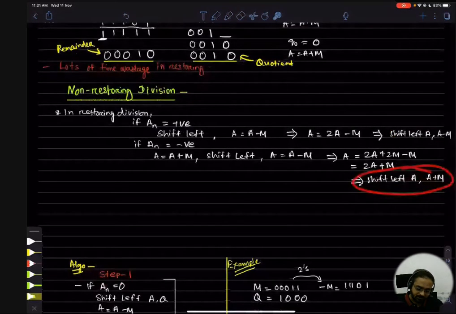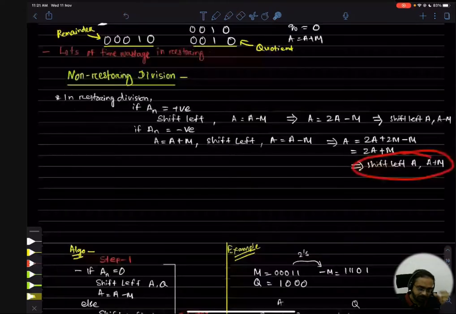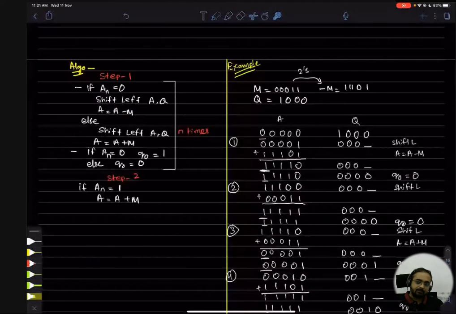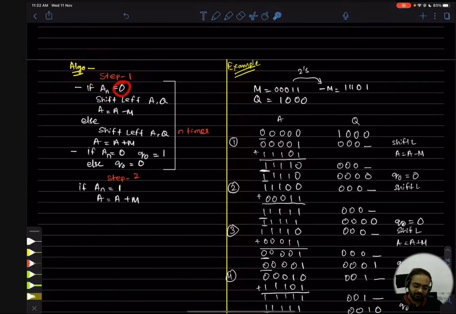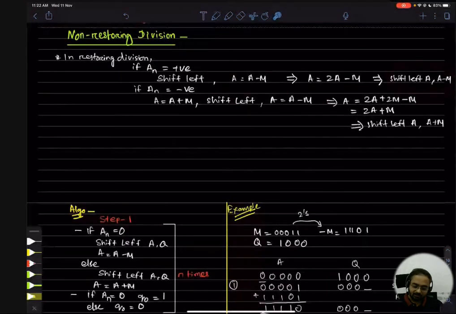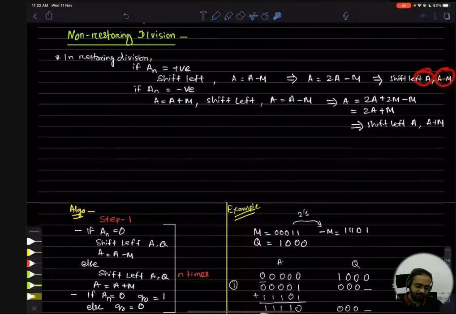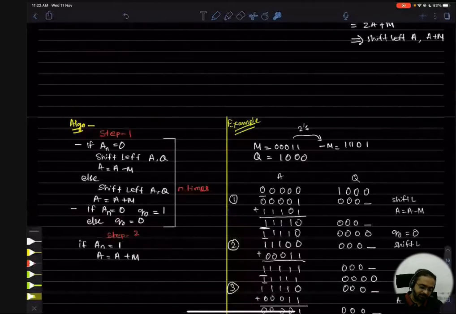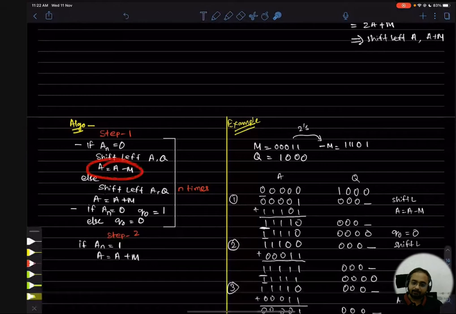Okay, so let's see the algorithm. Step 1, check the A n bit. If it is 0, that means it is positive. So we will shift left AQ and do A equal to A minus M. Else, that means the A n bit is negative, that is 1.